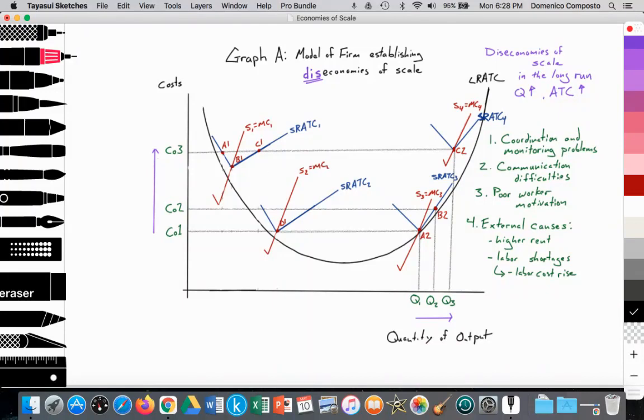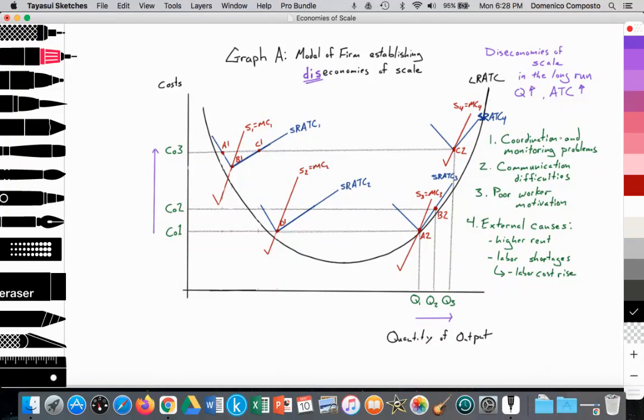Now, why is this? Why is diseconomies creeping into a firm that is expanding over time? Number one, it could be due to coordination and monitoring problems. As a firm grows larger and larger, there may come a point where its management is running into difficulties coordinating, organizing, cooperating, and monitoring their labor force to increase their productive efficiency.